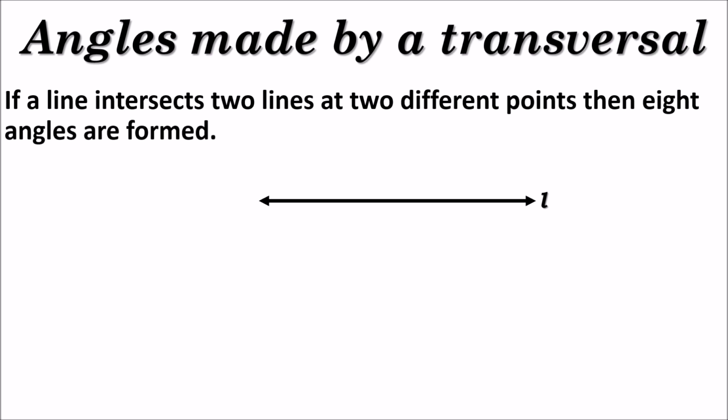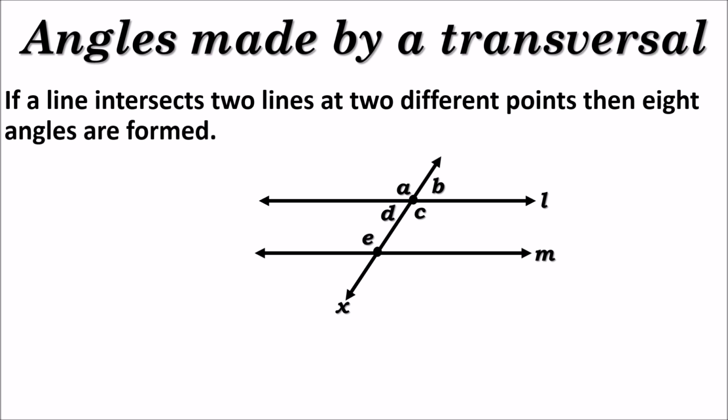Let's say, for example, here we have line L and line M, and they are intersected by a line X. So here line X is a transversal of line L and M, and this transversal forms angles with lines L and M. Here we have angle A, the first angle, angle B, second angle, angle C, third angle, angle D, fourth angle, fifth angle is E, sixth angle is F, seventh angle is G, and eighth angle is H. So in total we have 8 angles in this figure.